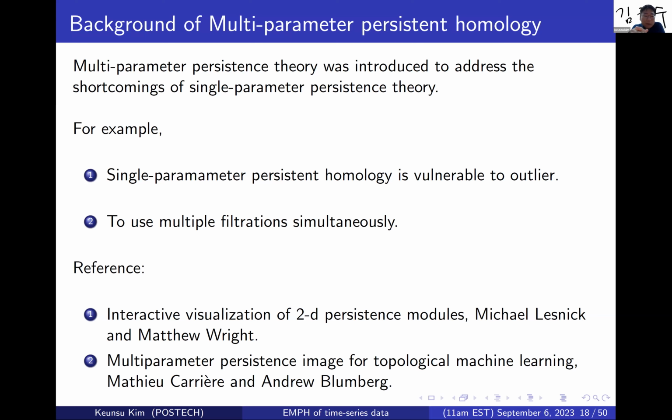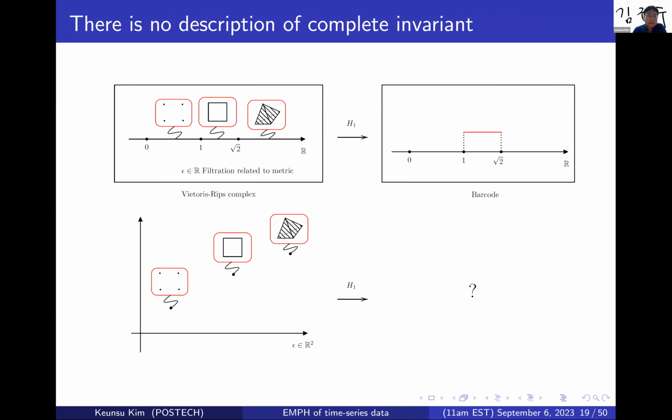And when we want to use multiple filtrations simultaneously, we should introduce multi-parameter persistent filtration and homology. But the challenge in multi-parameter persistence theory is that there is no description of a complete invariant.